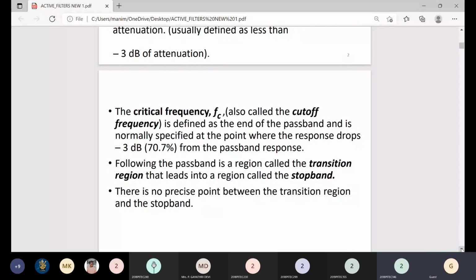Here we have first the pass band, then the transient band followed by the stop band. Next region is the stop band. There is no precise point between the transient region and the stop band region.